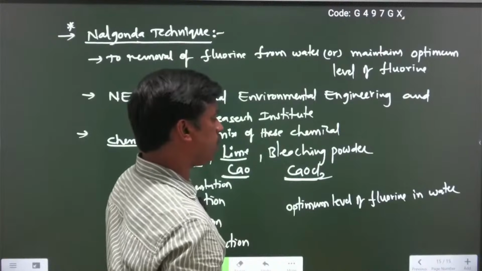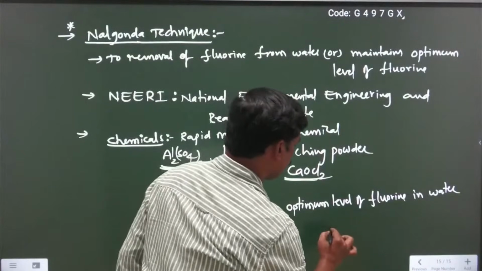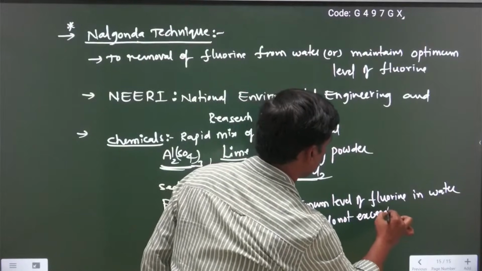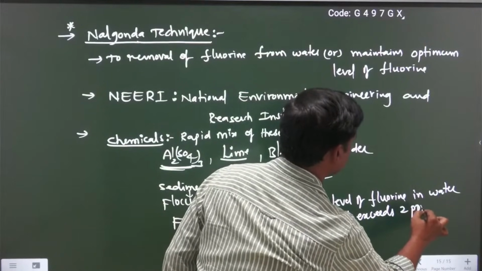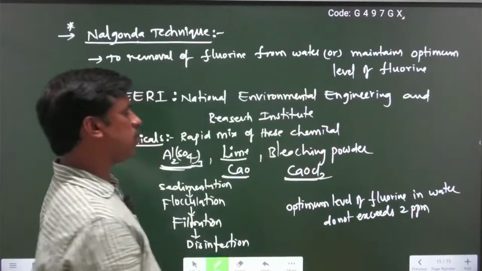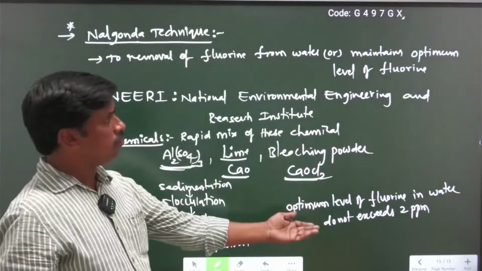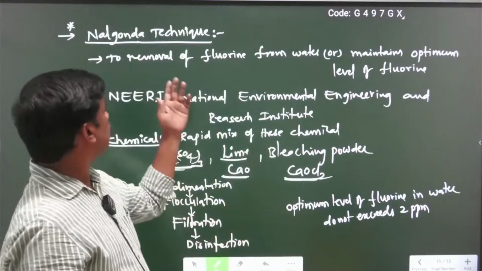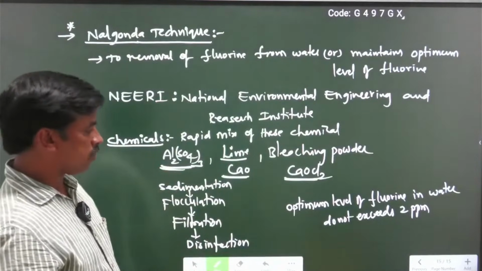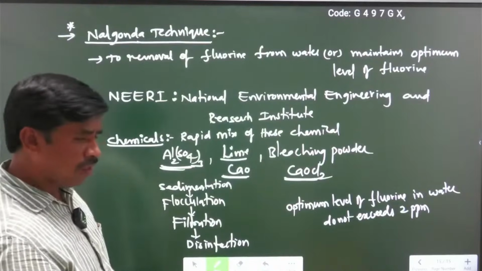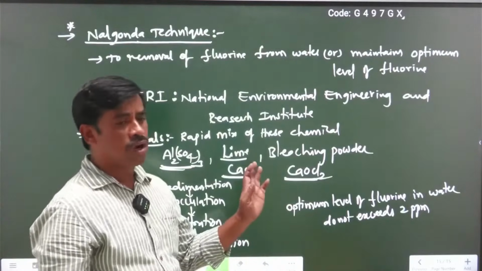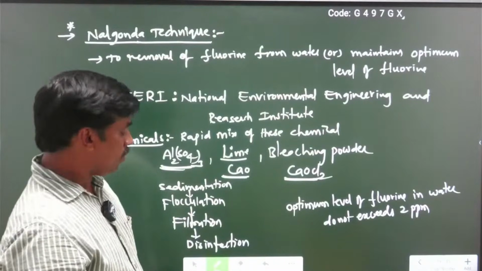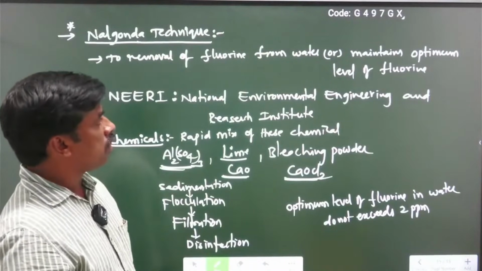It should not exceed 2 ppm. Not exceeding 2 ppm means minimizing it below 2 ppm or removing fluorine completely, and this is the Nalgonda technique. This is about the water treatment unit.